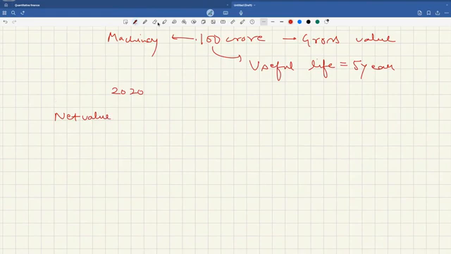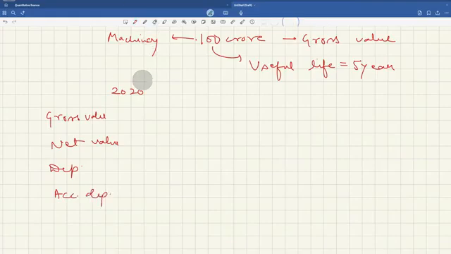Here we can have the gross value. There are three things. First is my gross value. Then I have the net value. Then I have the depreciation. And then I have the accumulated depreciation. Okay.